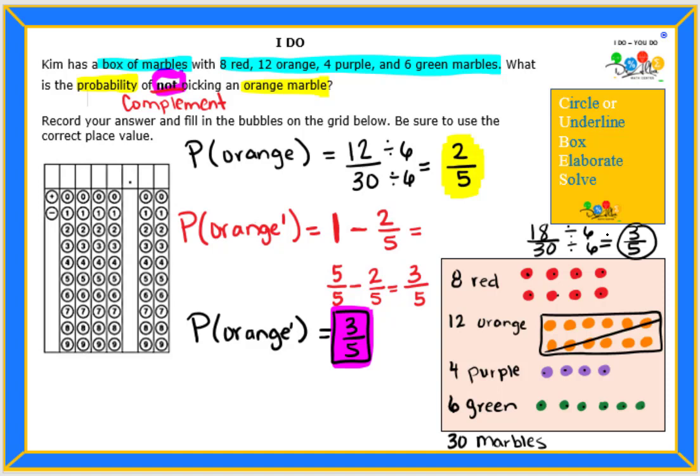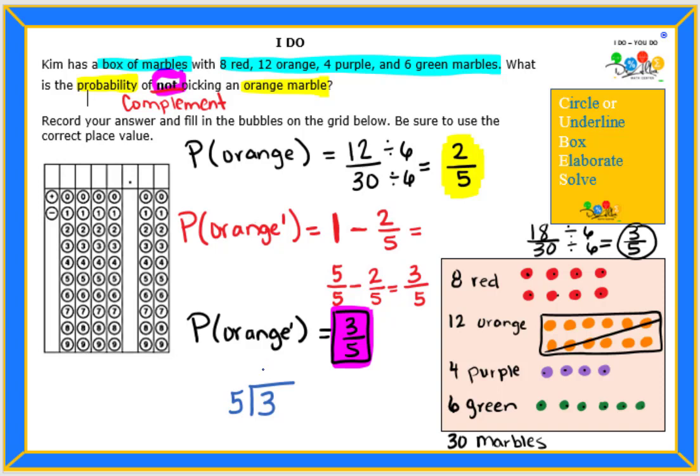Now let's go ahead and look at our answer grid. We're not going to be able to put a fraction into the answer grid, so we want to make sure to change our fraction into a decimal. Do we remember how to change a fraction into a decimal? That's correct. We're going to have to divide the numerator by the denominator. So 3 is the numerator, goes inside the box, and the denominator goes outside.